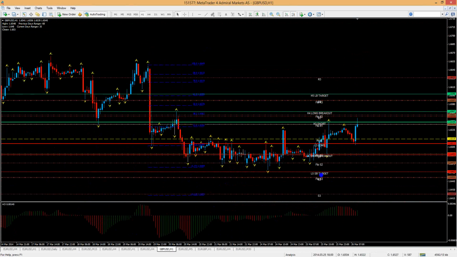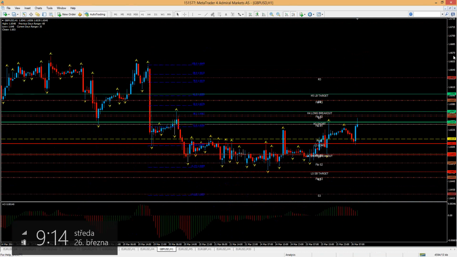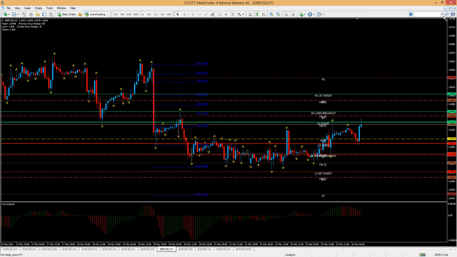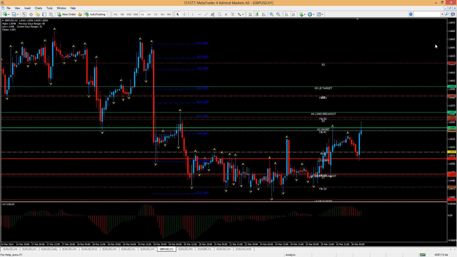Good. I would say the L5 target, I wouldn't be surprised if we do break below here, to see further gains down, but the L5 is conservative. Good. All right, so that gives us some information where the pivot point indicators are for today's intraday trading.